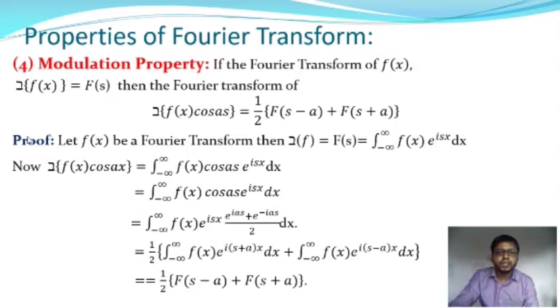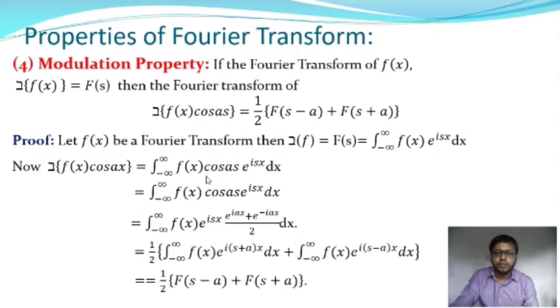Okay. So now we are going to find the Fourier transformation of the function f of x into cos ax. Okay. So the Fourier transformation of the function f of x into cos ax will be, from the definition, the integral from minus infinity to plus infinity of f of x cos ax into e to the power i s x into dx.